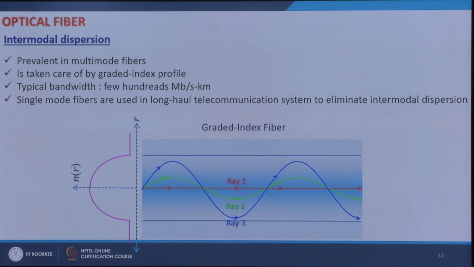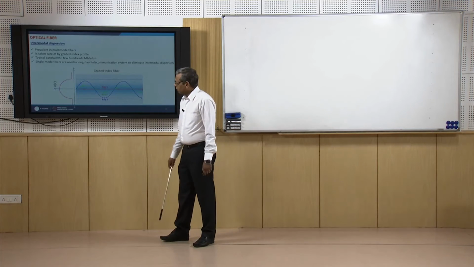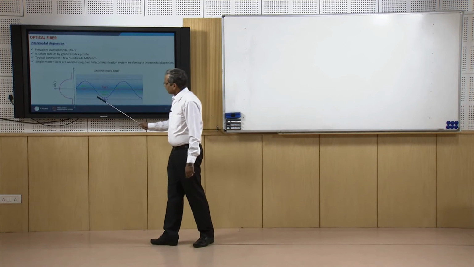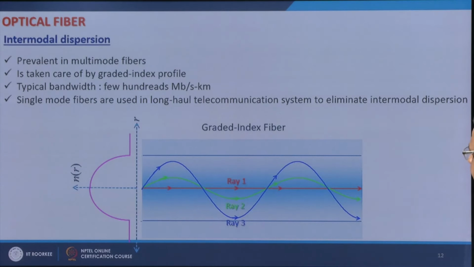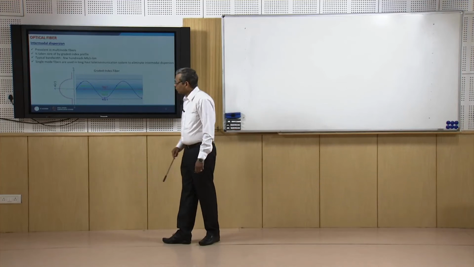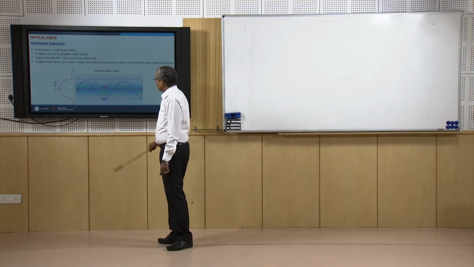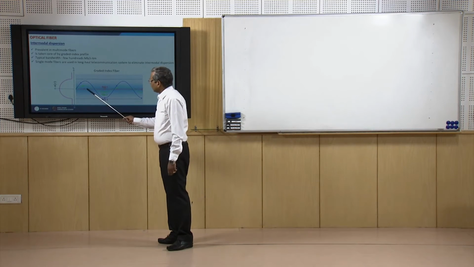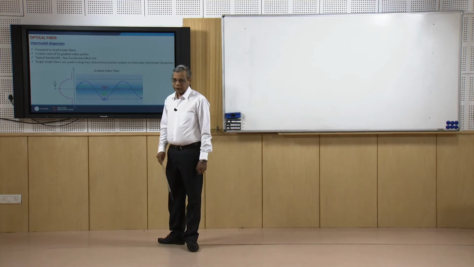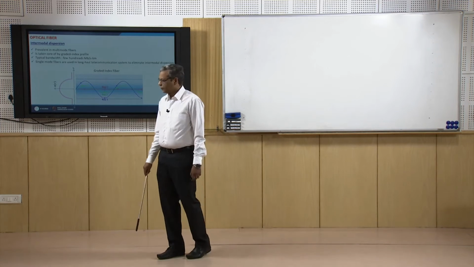As we know, the mechanism behind intermodal dispersion is that you have several modes in a fiber which correspond to different ray paths, and each ray path in a step index fiber will give rise to intermodal dispersion, because the light launched in different rays will take different times to reach the output end.